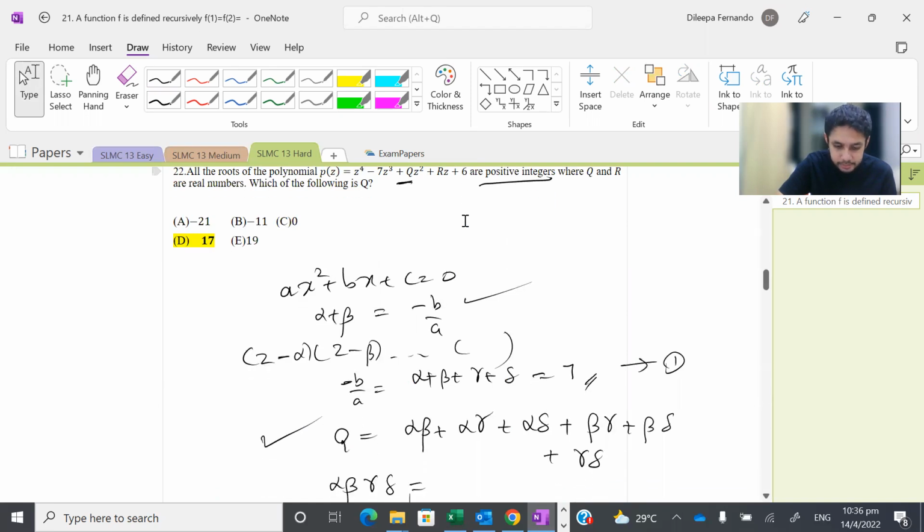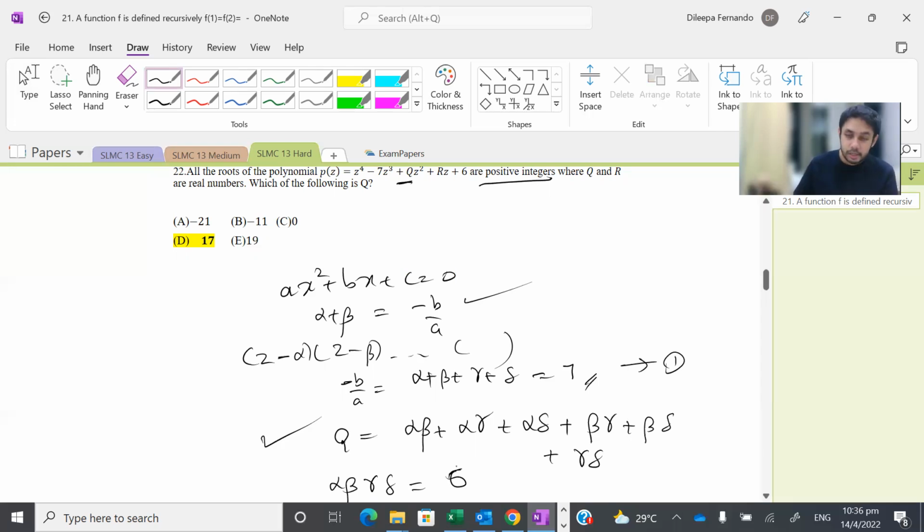Okay, should be plus. Yeah, it should be plus because there are 4 minus terms. So when they are multiplied together, that becomes plus. So alpha, beta, gamma, delta product equals 6.